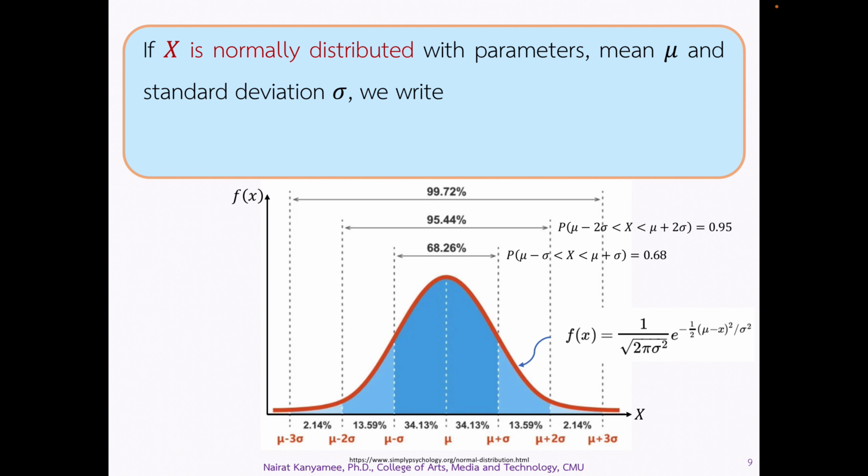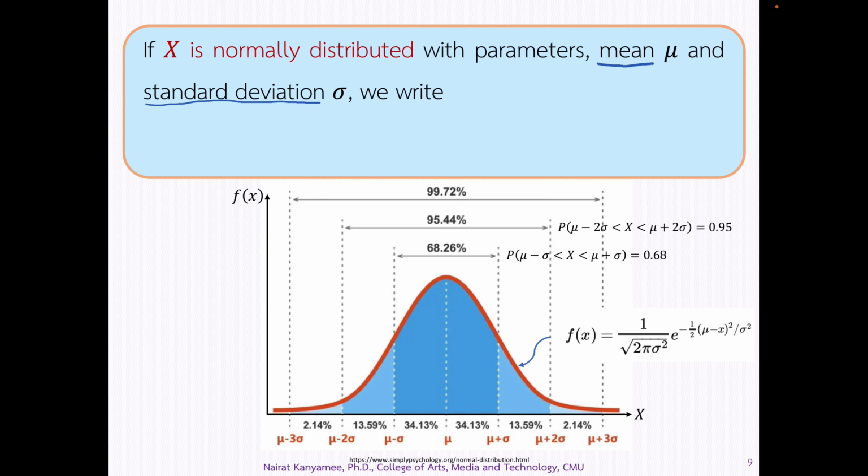Now, if X is normally distributed with mean mu, when we talk about normal distribution, the parameters that we need are the mean and standard deviation. So you need to know the mean and the standard deviation in order to work with normal distribution.